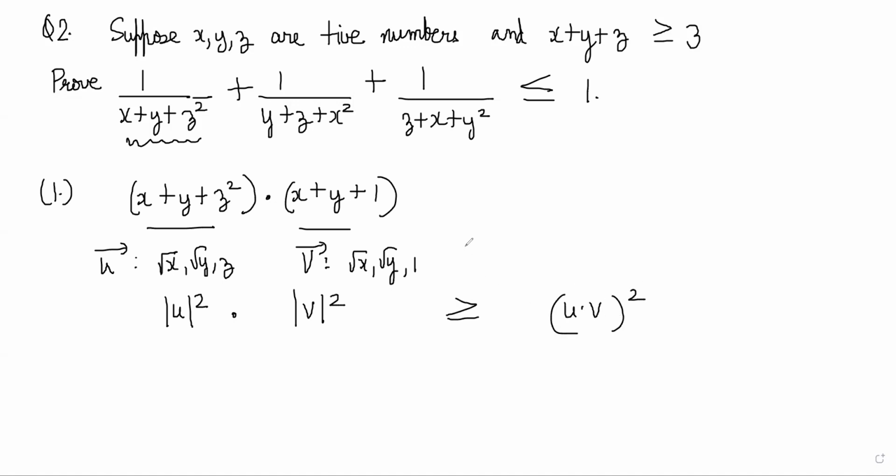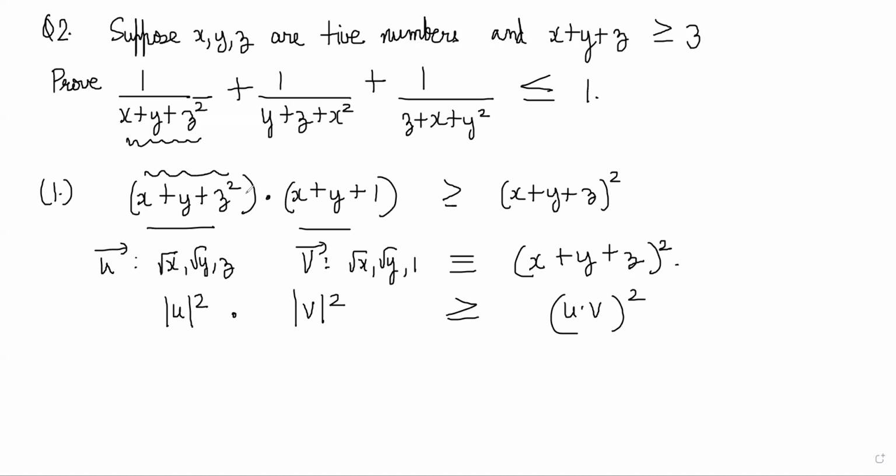So what is u dot v here? U dot v, if you see here, is x plus y plus z whole square, right? So we are getting this should be greater than or equal to x plus y plus z whole square. And from there, what can we say? We want to get a 1 by this term, right? We want this in the denominator.